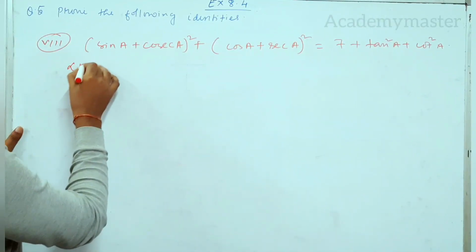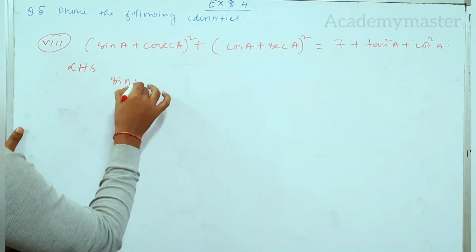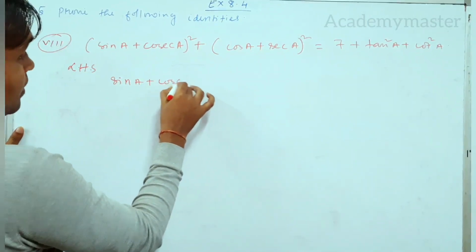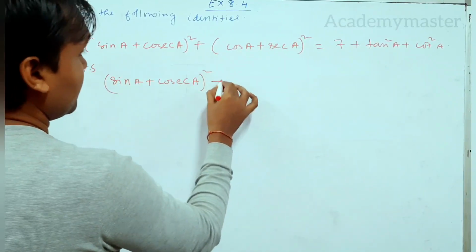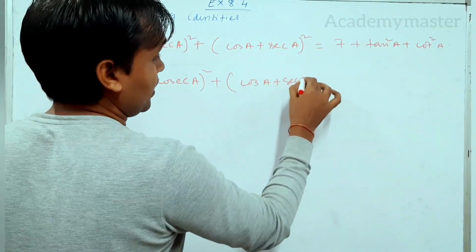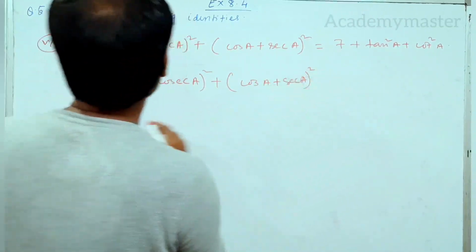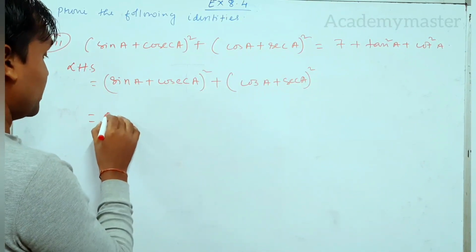So let's write LHS. Sin A plus cosec A whole square plus cos A plus sec A whole square. We'll apply the formula (A plus B) whole square.